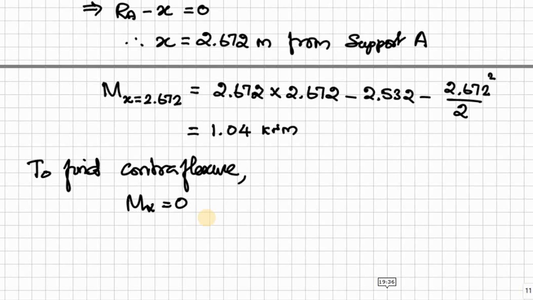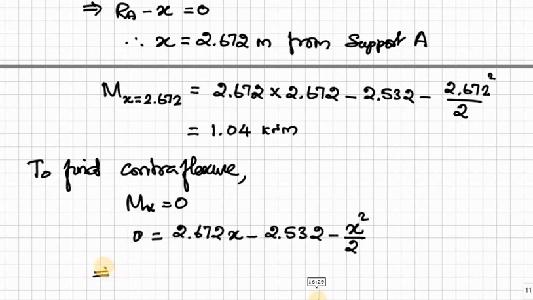Therefore we have to get moment at any section in AC. Already we have drawn the section and got the value. So equate that Mx is equal to 0, so that we will get the value of the distance x at which the moment is equal to 0. Therefore 0 is equal to this Mx expression. Therefore x is the solution of the quadratic equation in x. Therefore x is equal to 1.23 meter.